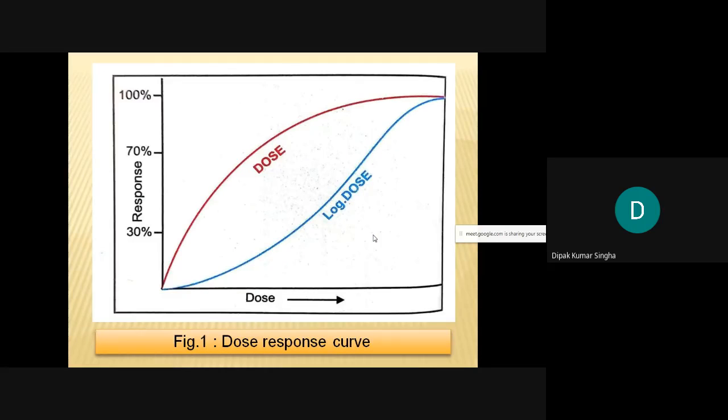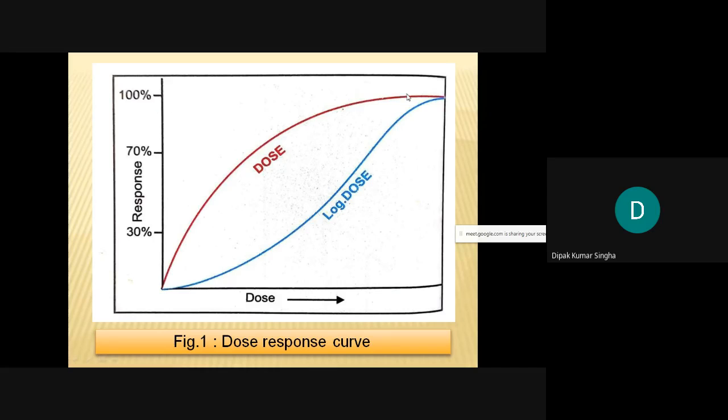This axis is the dose or log dose, and this is the plasma concentration or the response. Basically, after getting the dose, initially the concentration will be high, which is denoted on the x-axis, and on the y-axis the response will come. So initially 30%, then 70%, then 100%.